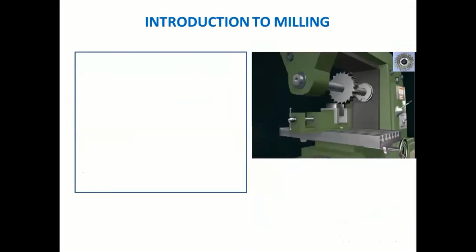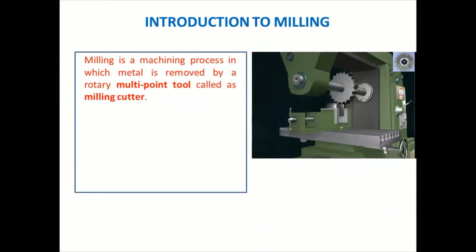So first part is the introduction to the milling. In this case, I have shown the milling machine, and milling machine is a machining process in which metal is removed by a rotary multi-point tool called a milling cutter. You can see the milling cutter is circular, or we can say cylindrical type, and over the periphery of that there are a number of teeth, and that's why it is called a multi-point cutting tool.